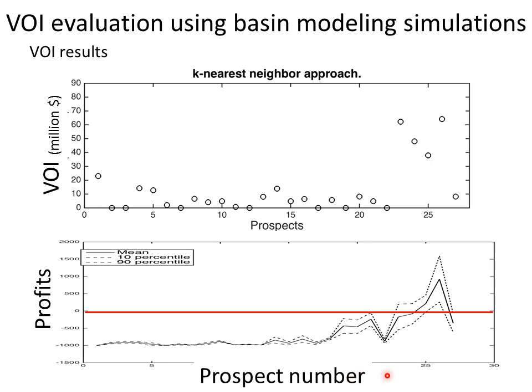We have prospect number on the x-axis. These are the profits, the prior value, and this is the VOI, the difference between the value with information and the prior value.